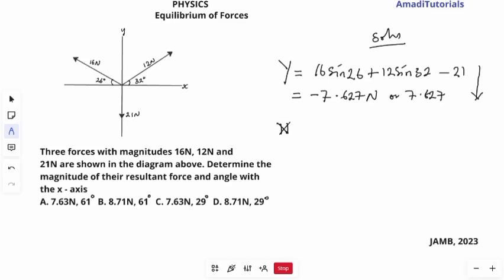Horizontal, I'll represent that with x. So the summation of x will be: there are only two forces that have horizontal parts, this 12 and this 16.